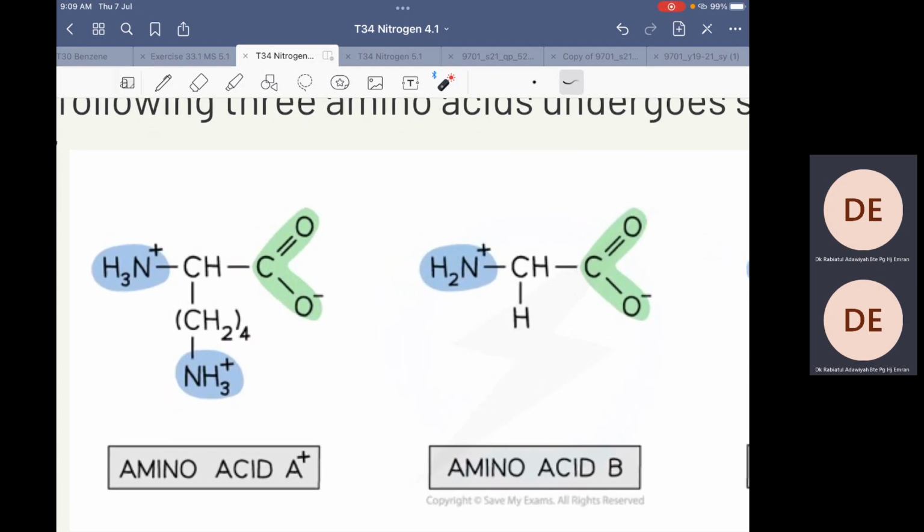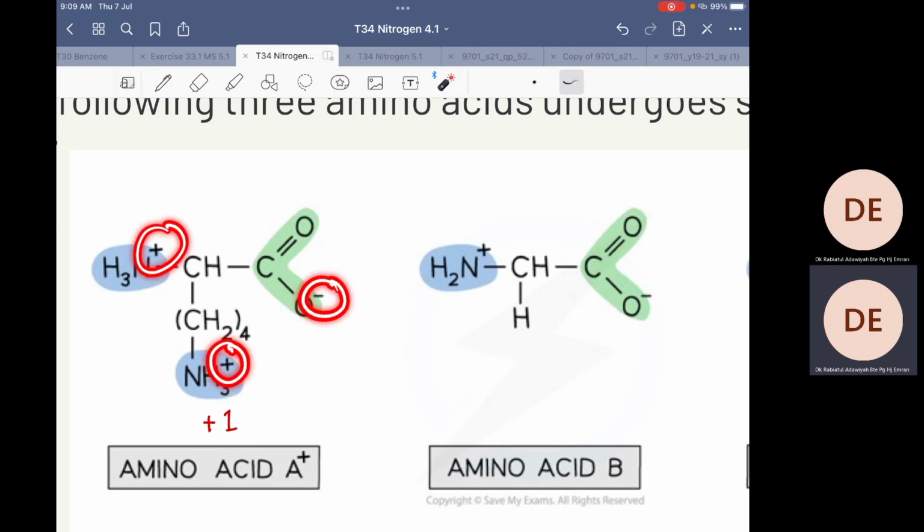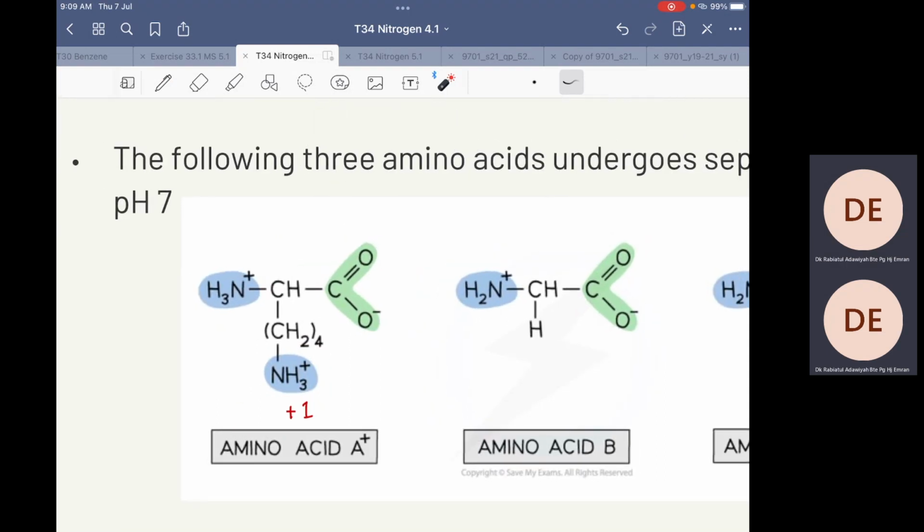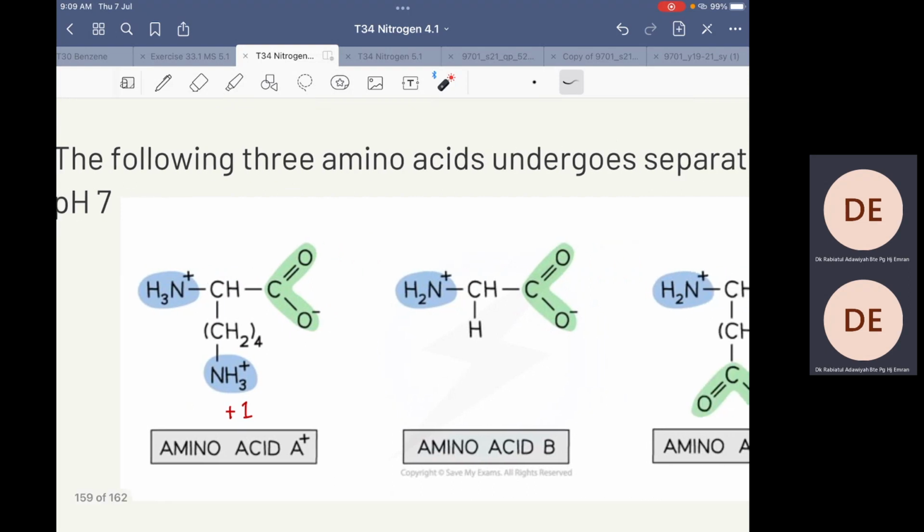So if you look at the total number of charges in this molecule, you've got +1, +2, -1. Overall, you have a +1 charge. So overall, this amino acid has a charge of +1.